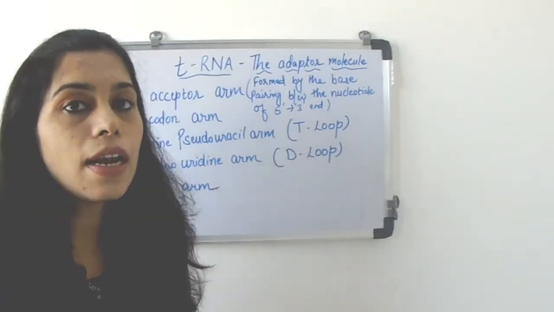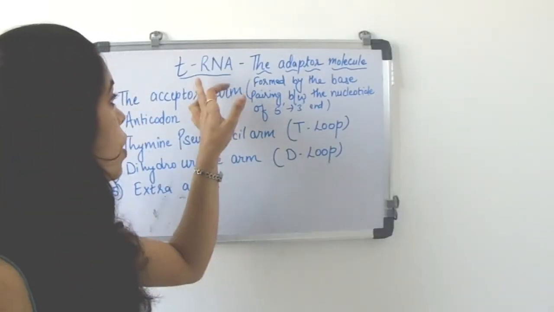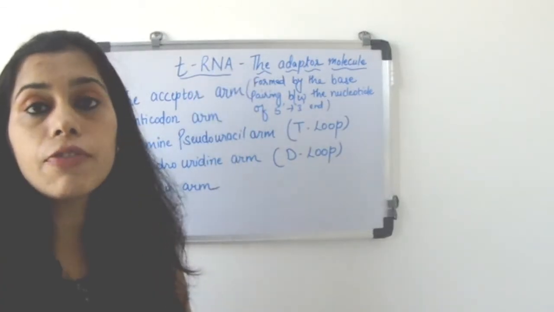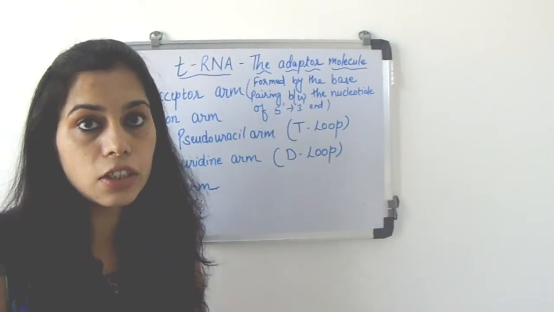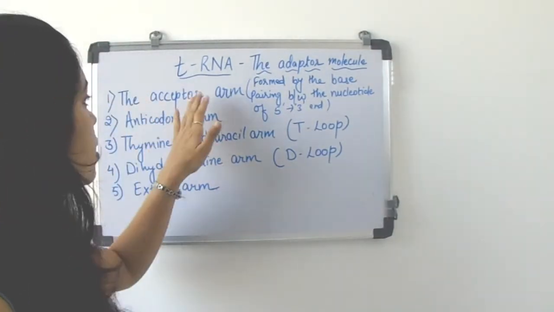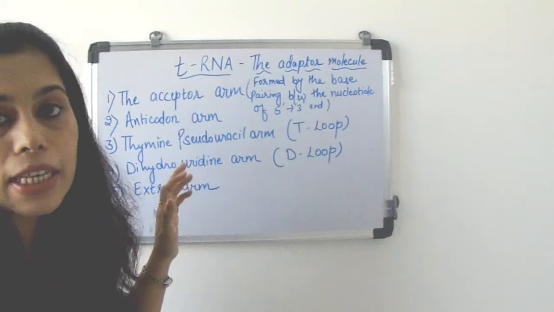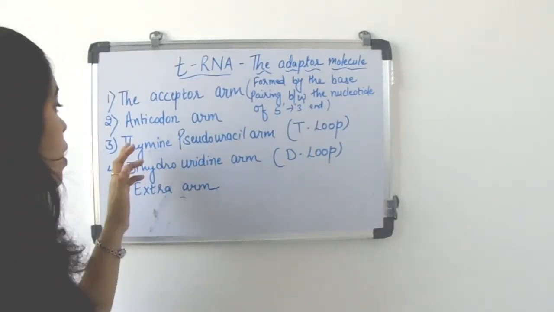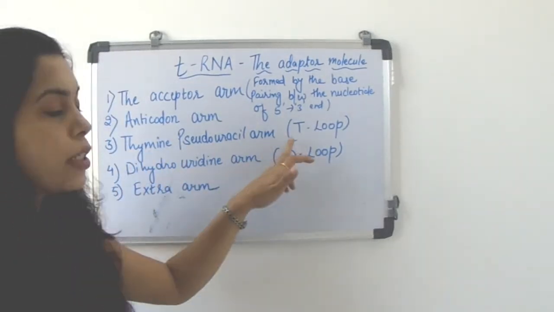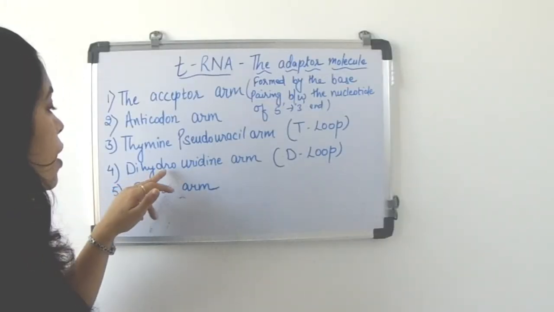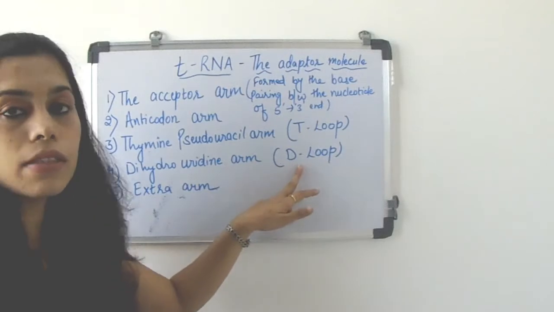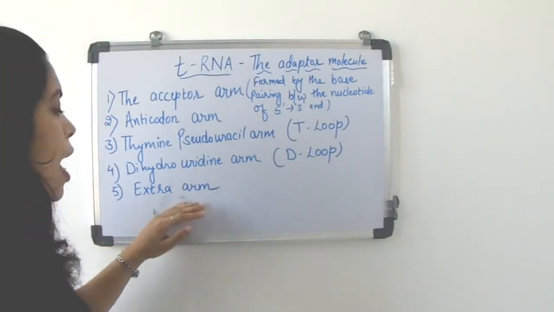So students, let's study the structure of tRNA. The clover leaf configuration of tRNA has 5 main structural regions. The first is called the acceptor arm, second is known as anticodon arm, third is called thymine pseudouracil arm, or it is also known as T-loop. Next is dihydrouridine arm, that is D-loop, and last is extra arm.